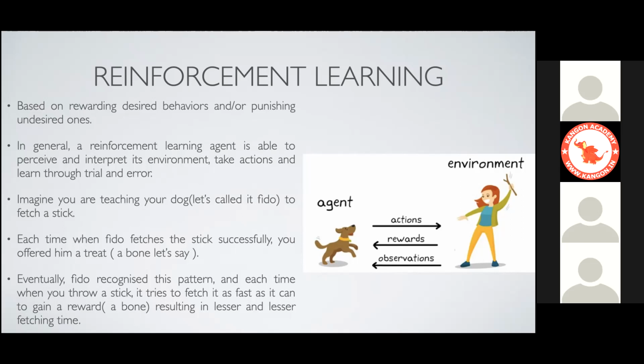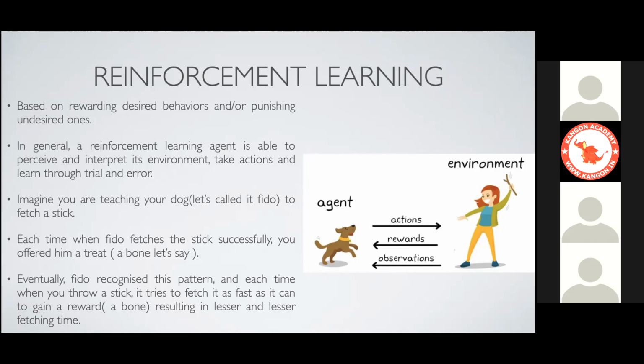The whole setup is called the environment. So reinforcement learning is nothing but rewarding the desired behavior and or punishing undesired ones. In this example there is no punishing, but rewarding is there. The dog is called an agent.